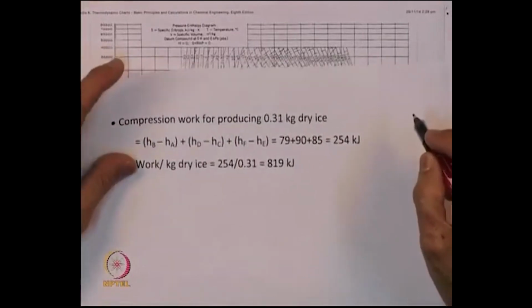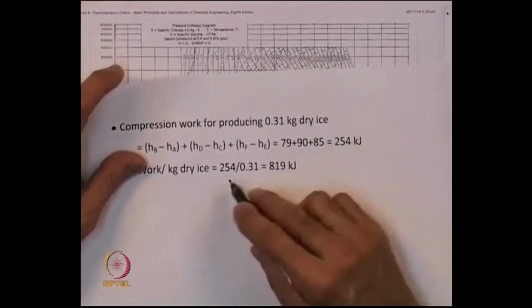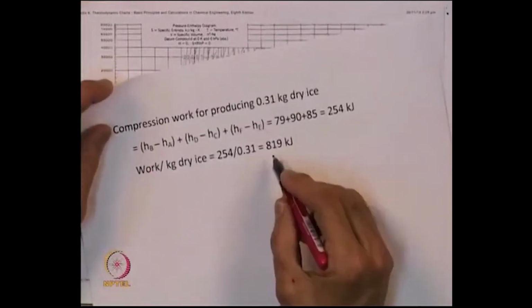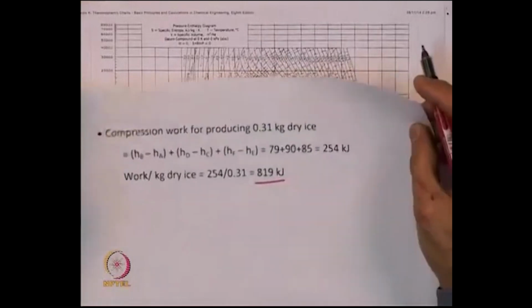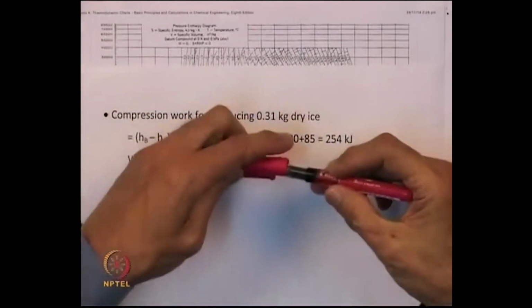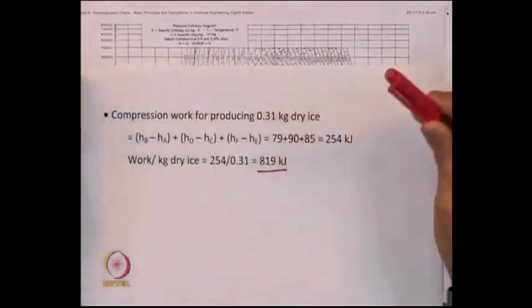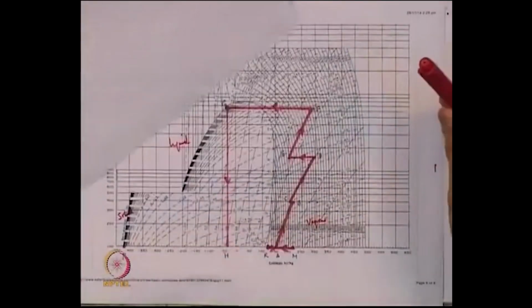So, the work done per kg of dry ice is simply 254 by 0.31 or 809 kilojoules. So, this is the work you have to put in order to produce 1 kg of dry ice.